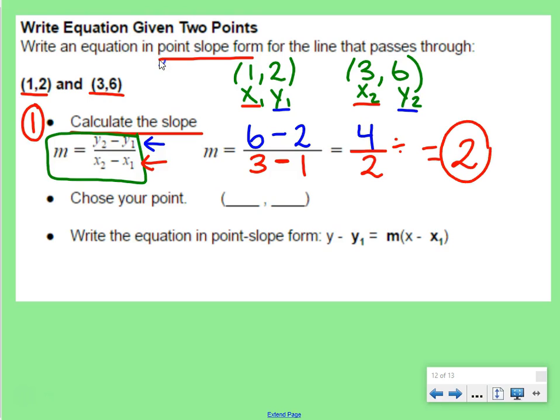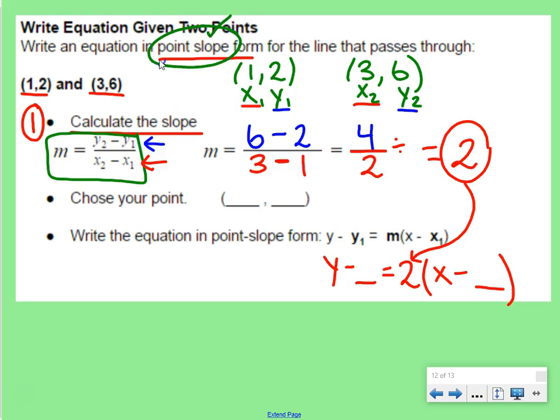So when we're writing our equation, y minus y1 equals m, my m is going to be right there, times x minus x1. I can set up my equation right now and put my slope in being 2. The next piece that we need, if we're in point slope form and we've done the slope, now we need the point. So that's second step. Choose your point. We were given 2 points to begin with. 1, 2, and 3, 6.